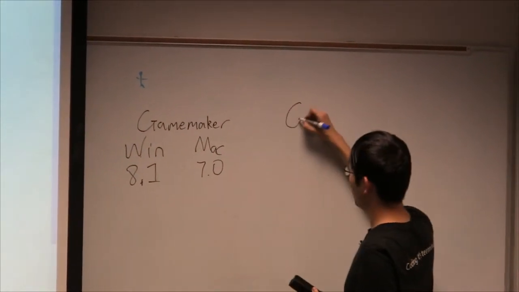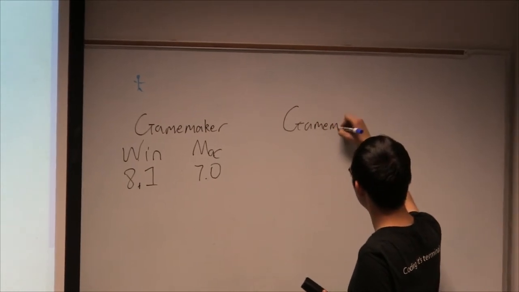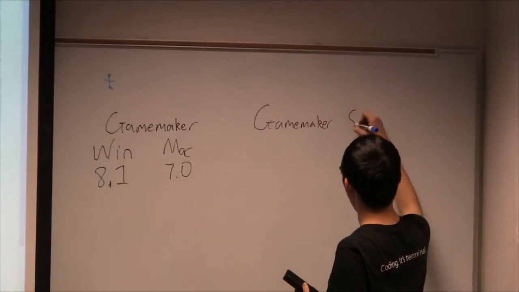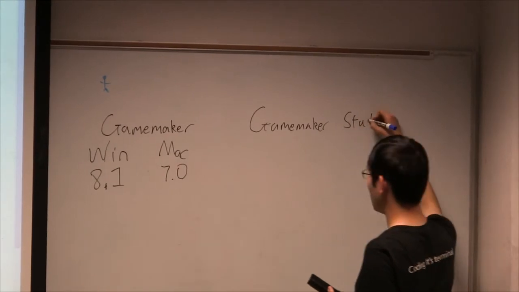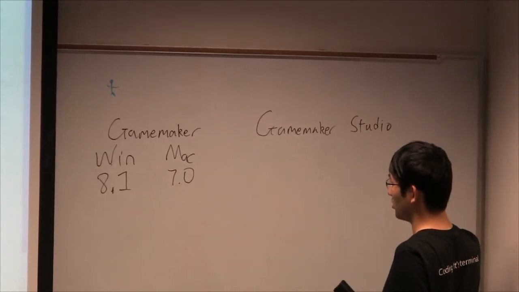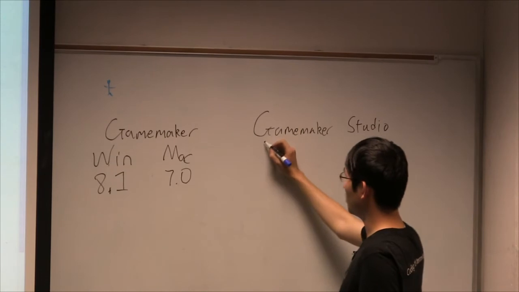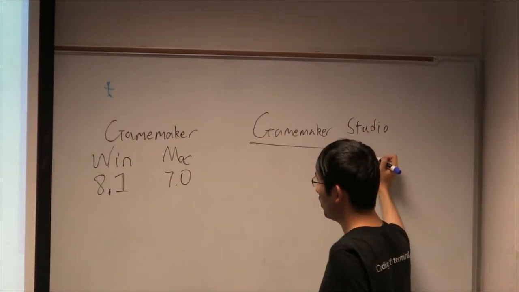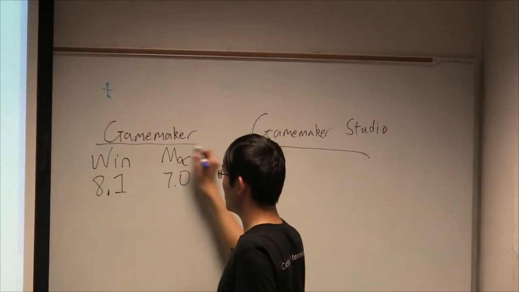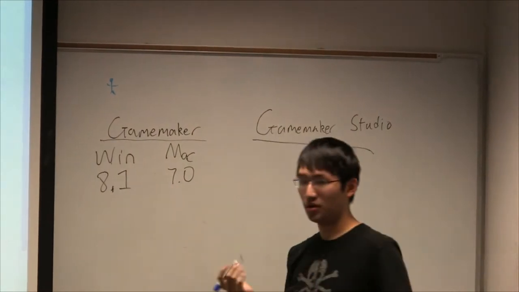And they have a separate product called GameMaker Studio. I believe GameMaker Studio was rewritten, and it's a product that Yo-Yo Games actively maintains. Whereas GameMaker is the version that has a long history behind it.